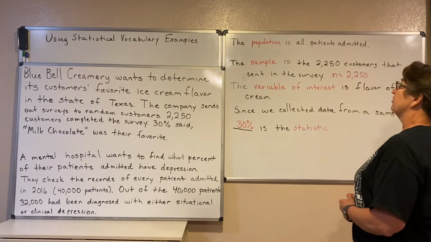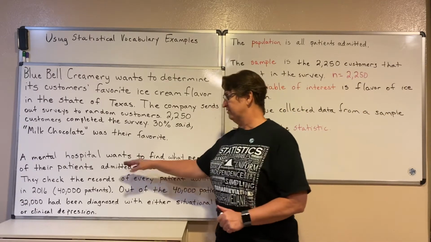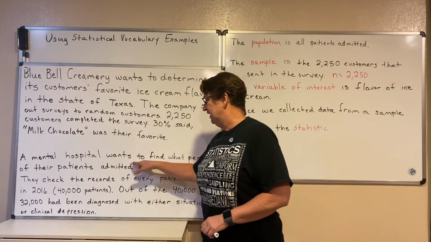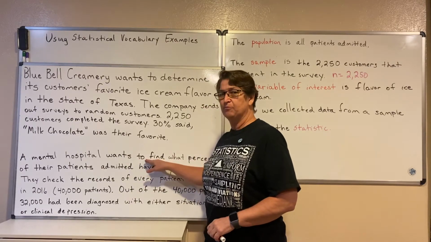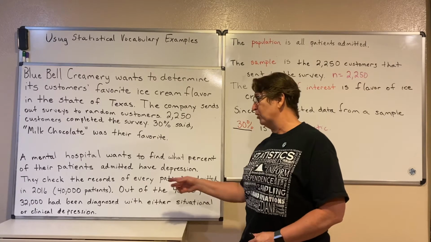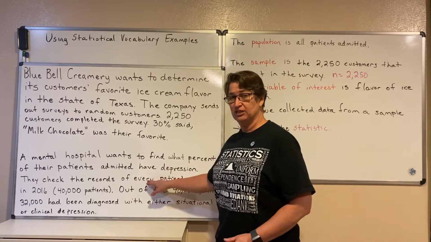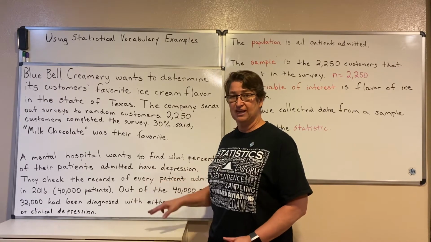So then the sample is, well, did they collect the sample? If this had said all of their patients admitted in 2016, then this would actually be a census, because they went to the records of every one of their patients in 2016 and collected data.